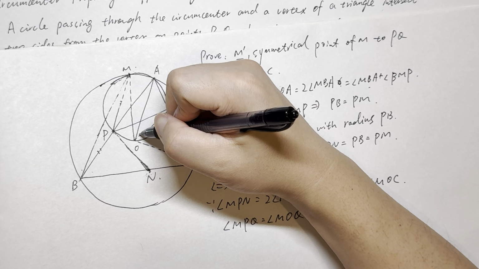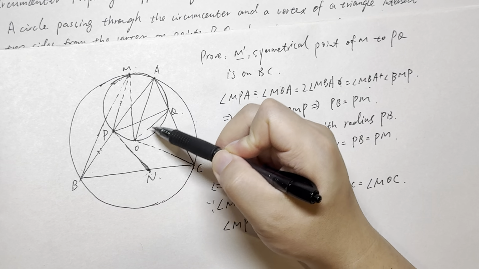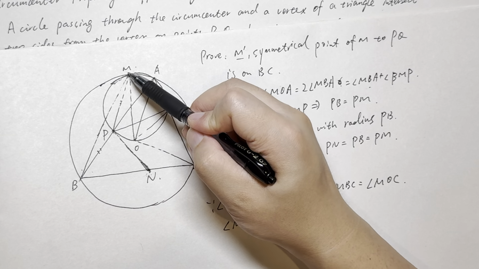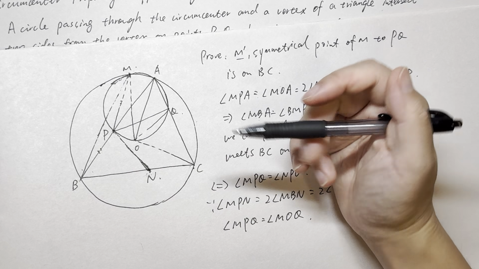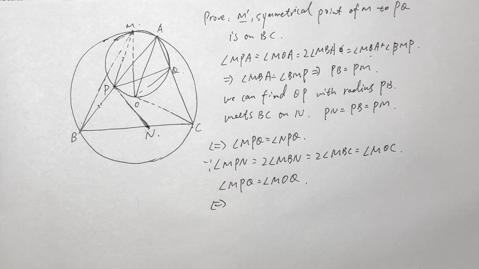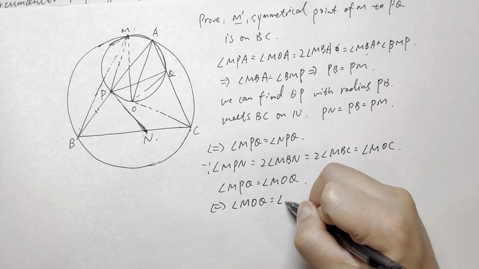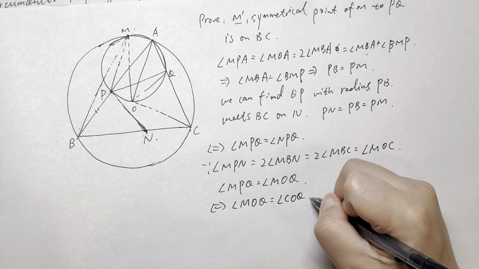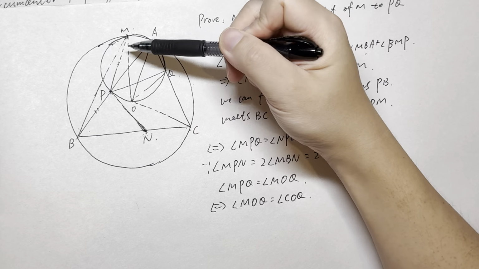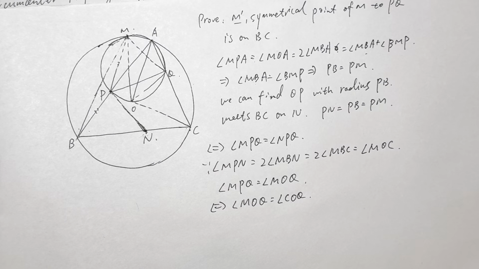In other words, if we can prove angle QOC equals angle MOQ, then we prove that angle MPQ equals angle NPQ, right? Which means the problem is changed to proving angle MOQ equals angle COQ, right? And look at the triangle MOQ and triangle COQ. Okay, so we connect MQ here.